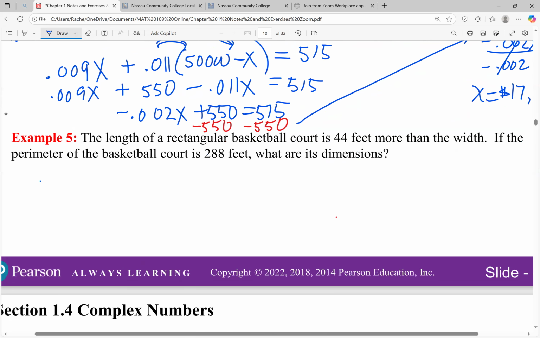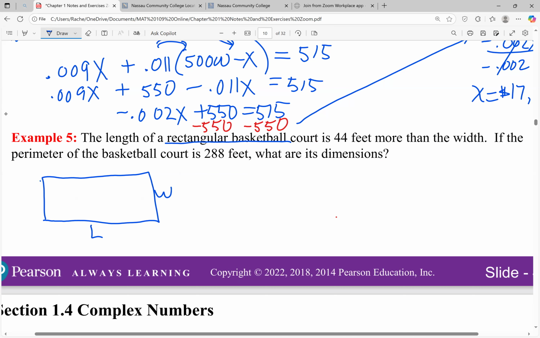So we have a rectangular basketball court. So let's draw a rectangle. And it says that the length, right? So I always think of the longer side as the length, the shorter side as the width. The length of the basketball court is 44 feet more than the width. We don't know what the width is.